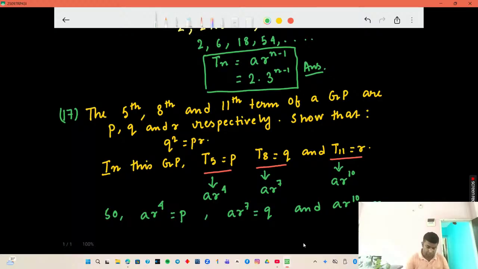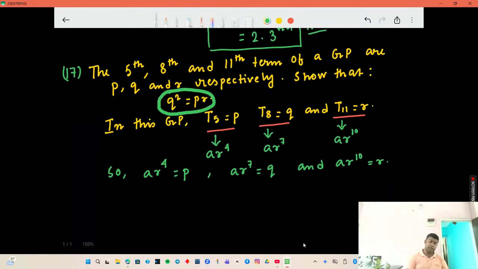Here we have to show Q square is equal to PR. So in this question, what we have to show? We have to show Q square is equal to PR. And how we can show?